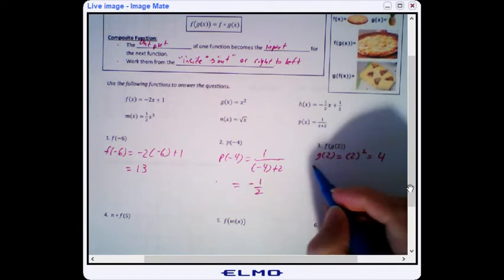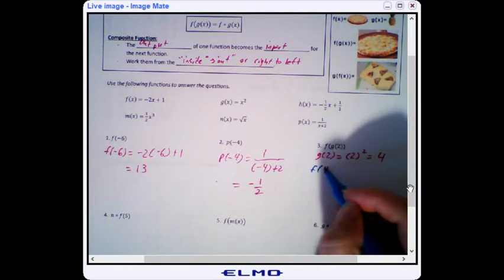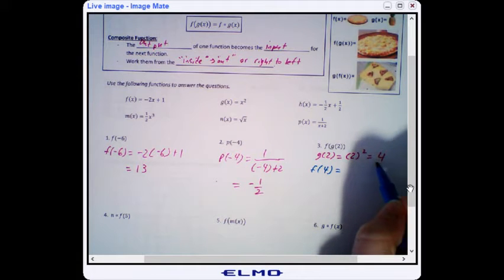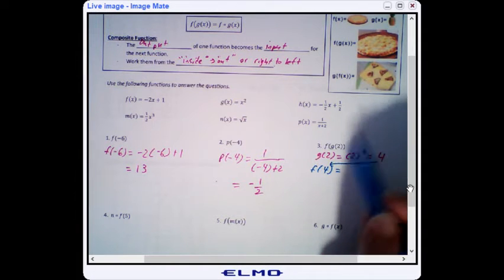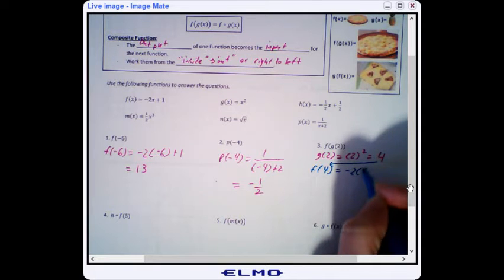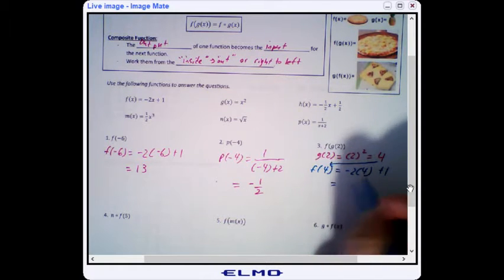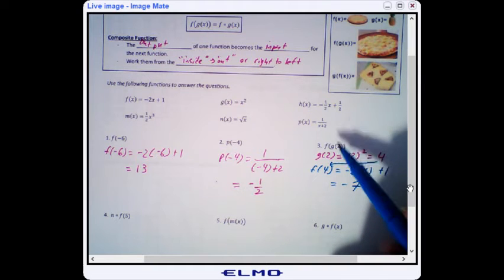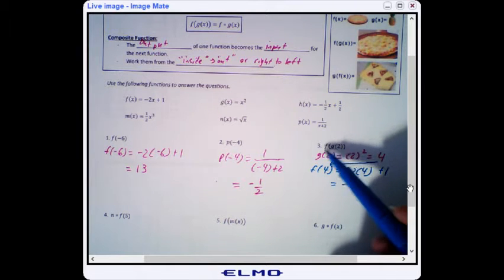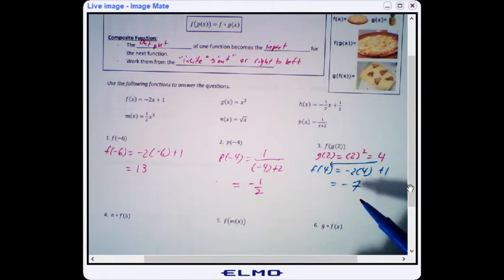So now I'm going to do f of 4. So take my output and it becomes the input of my next one. F is -2 times x, which is 4, plus 1. So we're going to get -7. So if my input's 2, and I plug into g then f, my output would be -7.